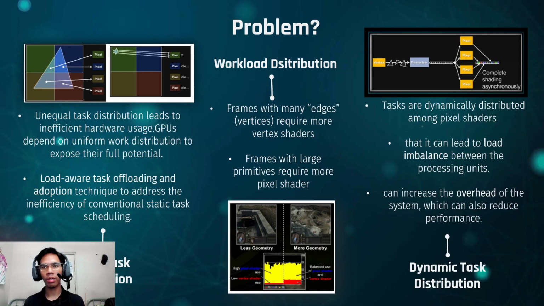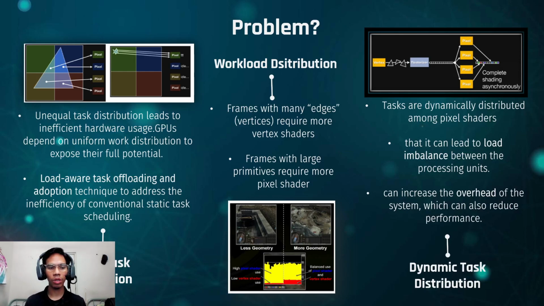What are the problems that always occur in the GPU? We see it has three problems. The first problem is static task distribution. Unequal task distribution leads to inefficient hardware usage. GPUs depend on uniform work distribution to expose their full potential.